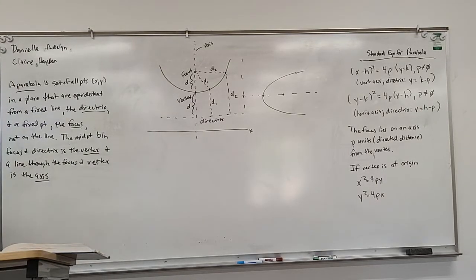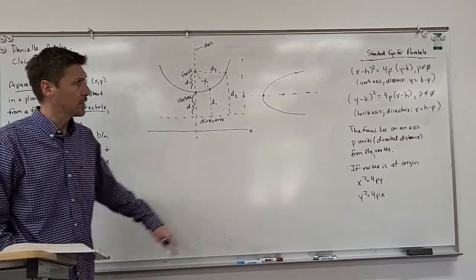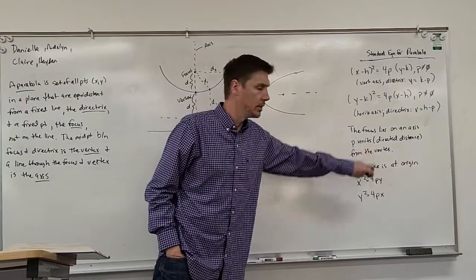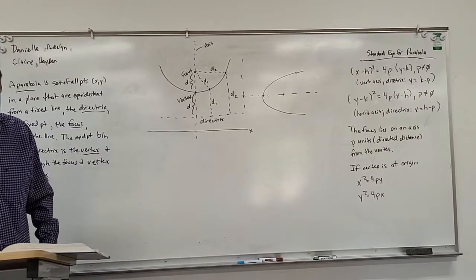All right, before we dig into some examples, I just want to make sure that we understand what this is saying. I think the easiest way to see it is by looking at the pictures at the bottom of page 639.